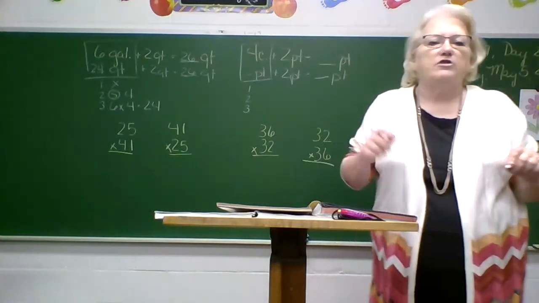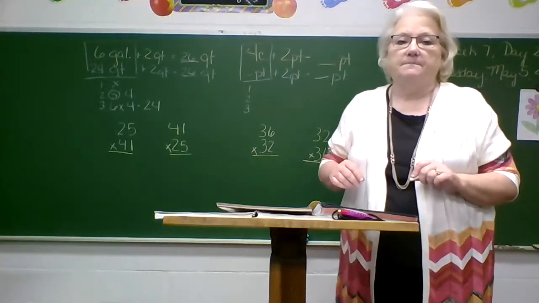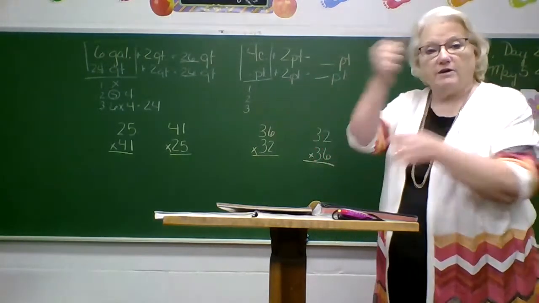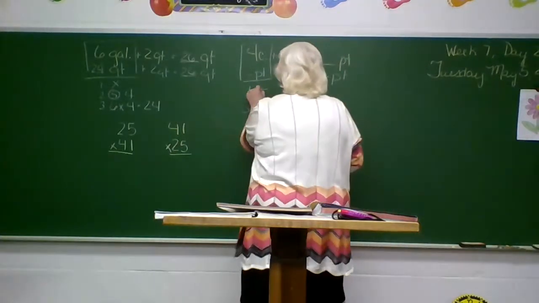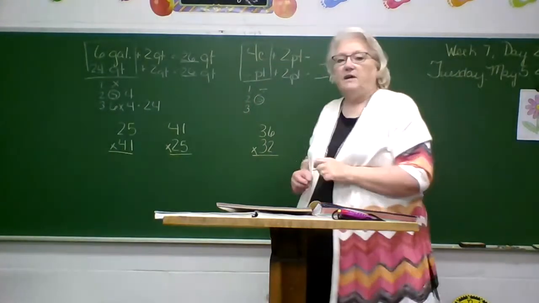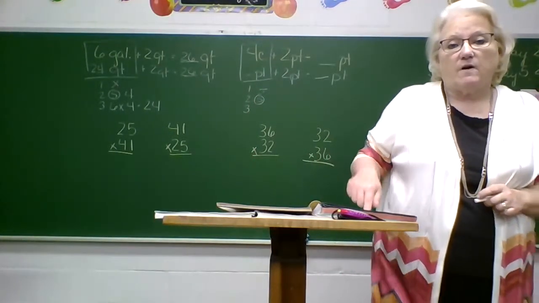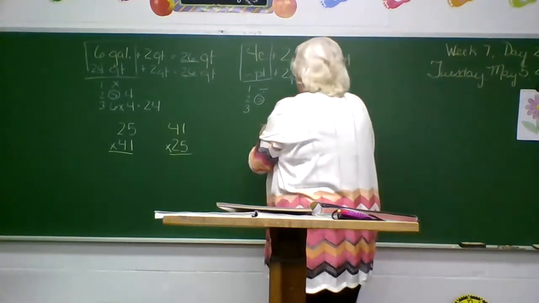Are we going larger to smaller or smaller to larger? Cups to pints. We're going smaller to larger. We're going to divide. Special number. How many of the smaller units are in one of the larger units? Cups are smaller, so how many cups are there in a pint? The answer is 2.